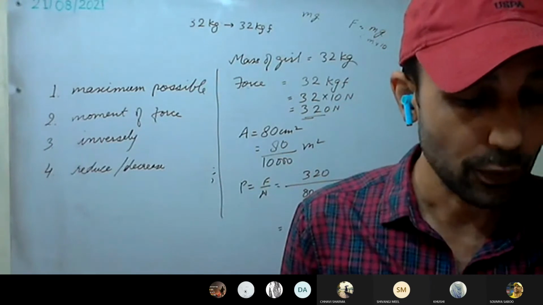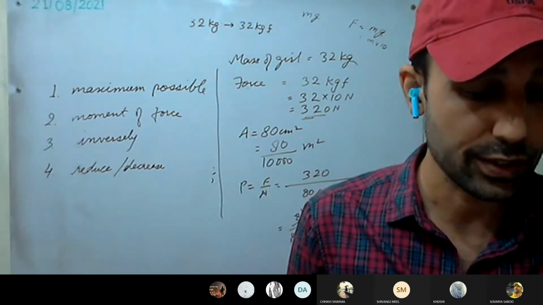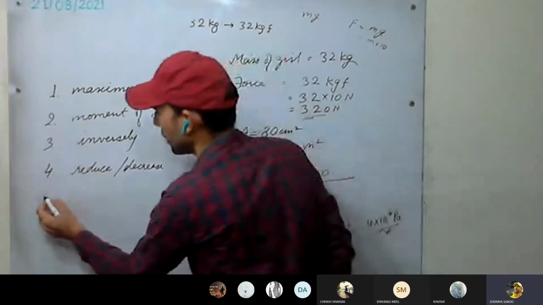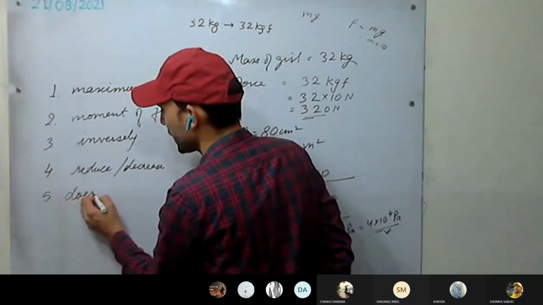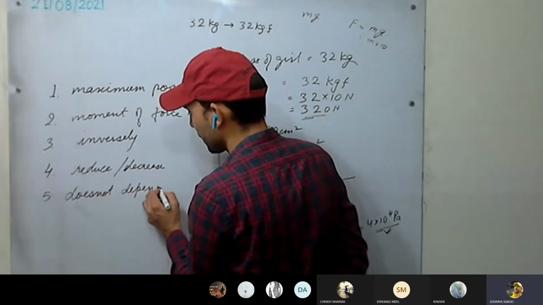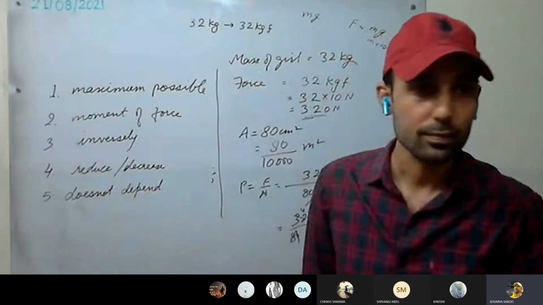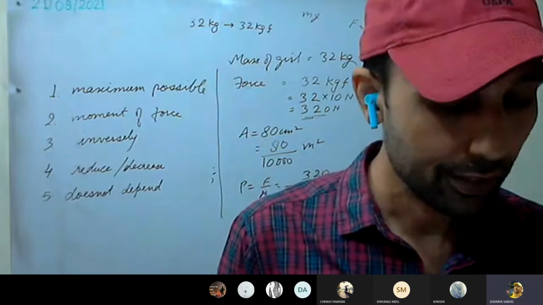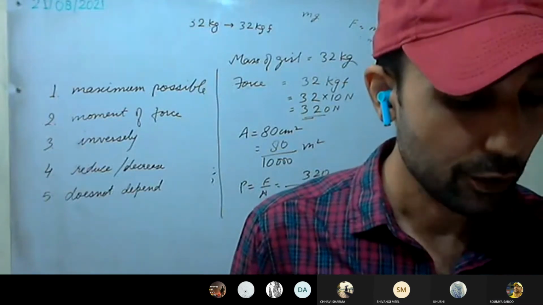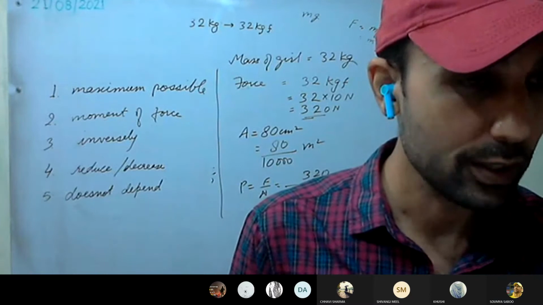Fifth one, liquid pressure at a point dash on the shape and size of the container. Does not depend. We can also write independent. See here how you can write independent. On is written: liquid pressure at a point independent on the shape.